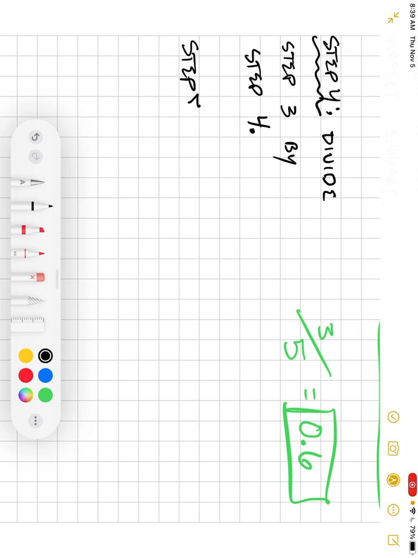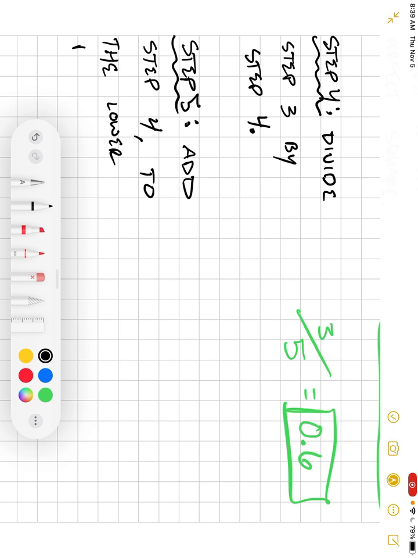And then step 5 is to add step 4 to the lower perfect square. All right, so the lower perfect square was the square root of 4, and that is equal to 2.